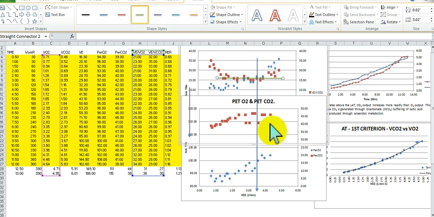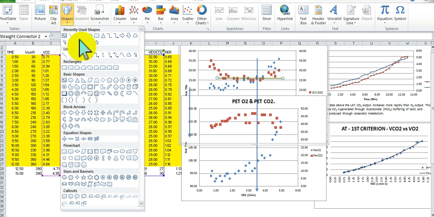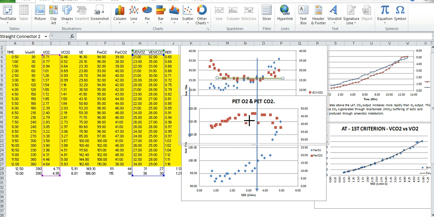And then also we're looking at where PETCO2 levels off as well. So let's get another line. PETCO2 looks like it levels off right about here, with the exception of these kind of skewed values here. So let's see, that's pretty good right there.